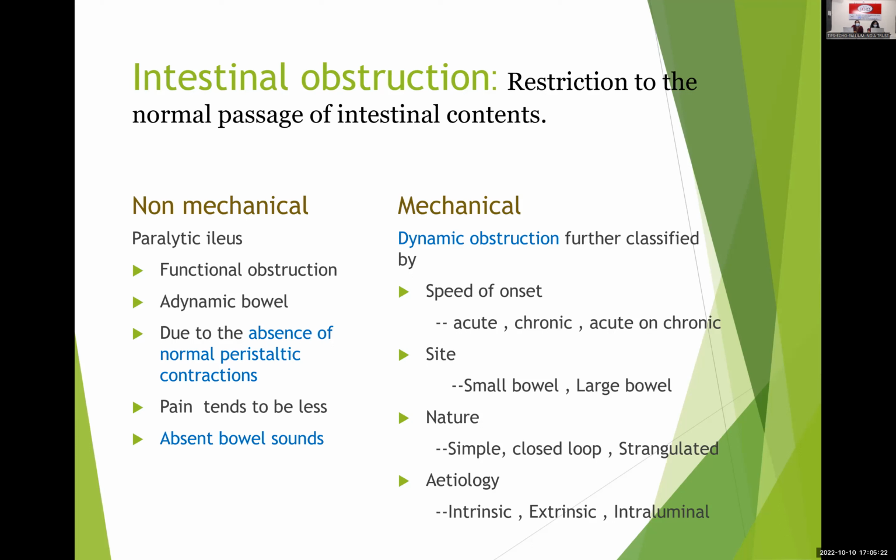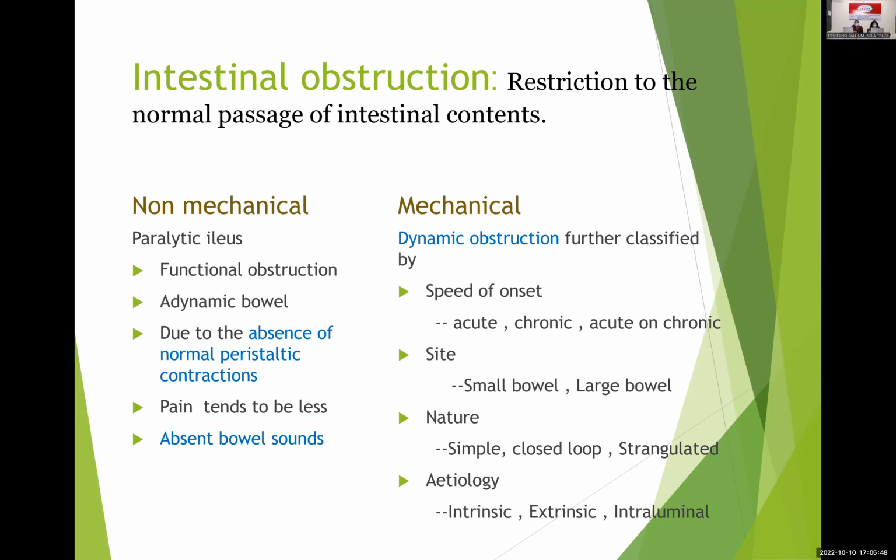Hypokalemia is a condition where adynamic bowel occurs, and it can be a non-mechanical cause for intestinal obstruction. Here what happens is due to absence of normal peristaltic contraction, the bowel obstruction happens, and the pain here is comparatively less when you consider the mechanical obstruction. And as always, the bowel sounds will be absent here also.